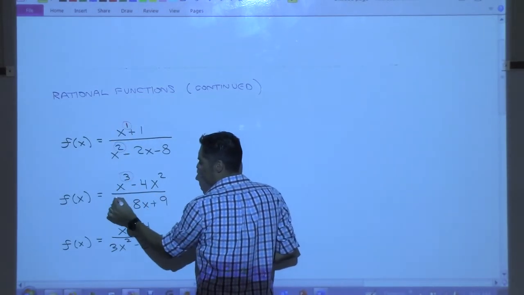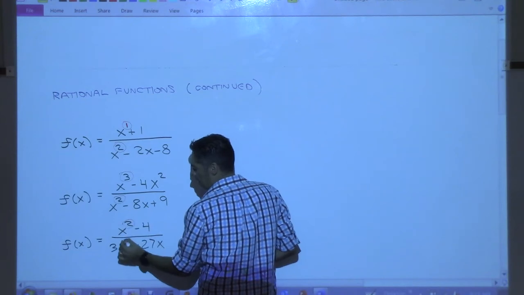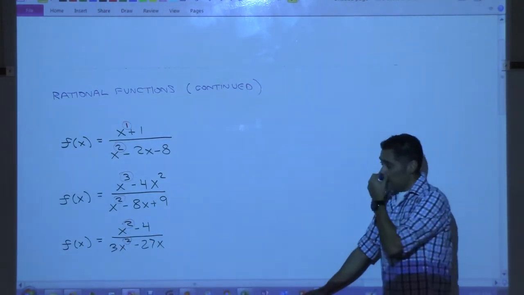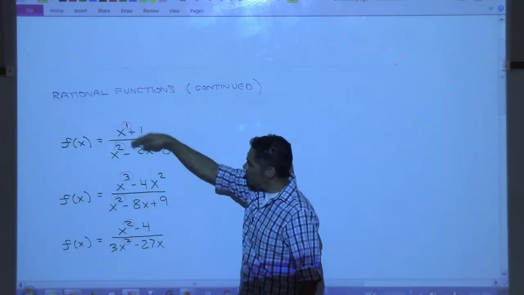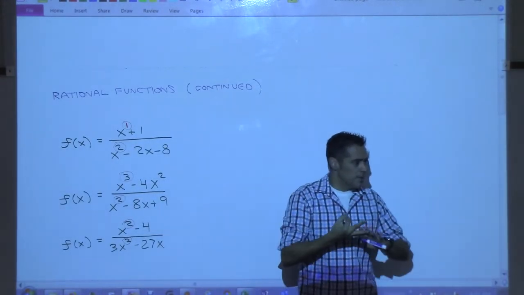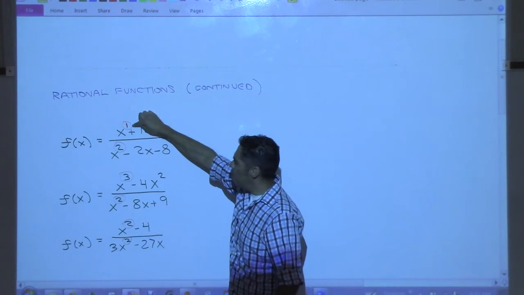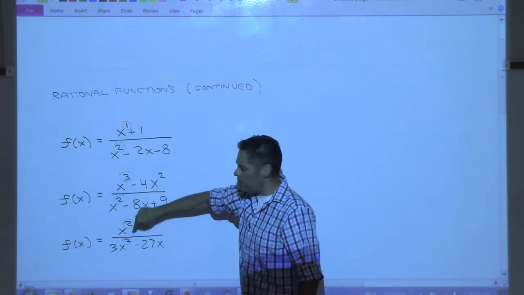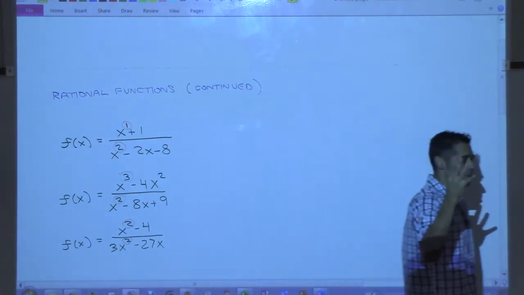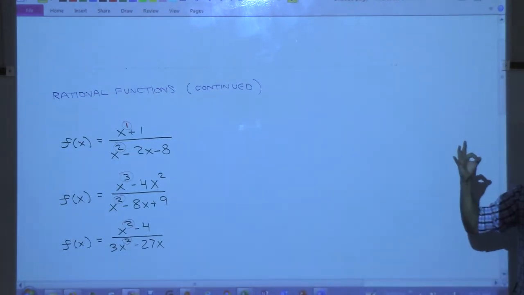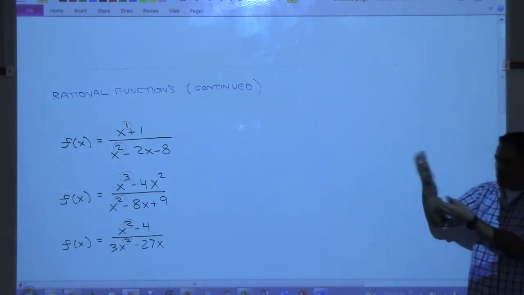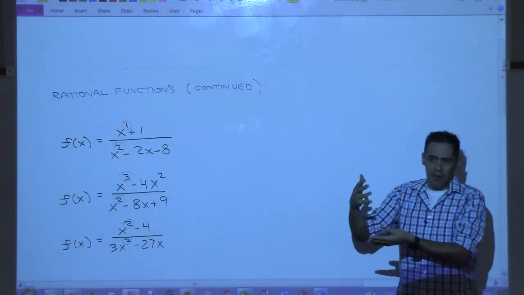I said last time that you only have three different possibilities. This could be smaller than this number, this could be bigger than this number, or these two numbers could be the same. Those are the 3 cases, right? There's no other way. If I give you 2 numbers, one can be bigger than the other, less than the other, or they're the same.